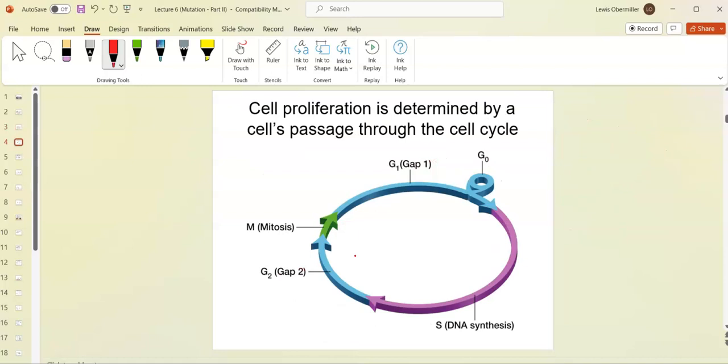All right. So I'm not going to go over this again, but G0 is rest, G1 is gap 1 or growth 1. There's a checkpoint here to make sure that it's big enough. We have the DNA synthesis phase, which is S phase here, G2, which is growth or gap 2. And then this is where we have that DNA mutation checkpoint.